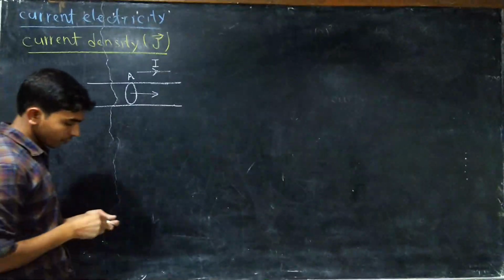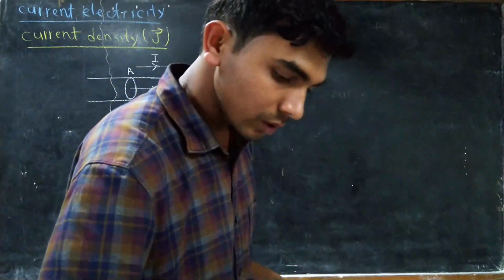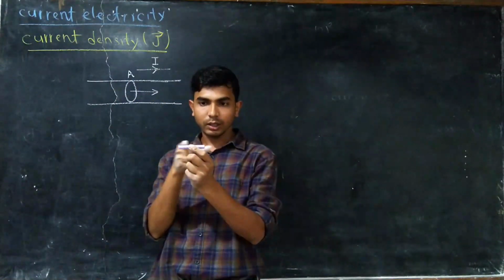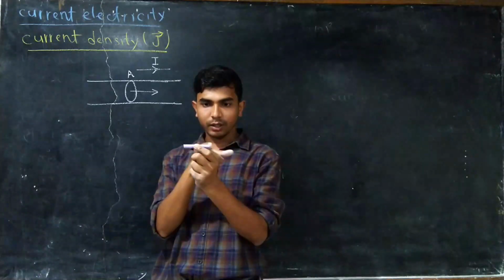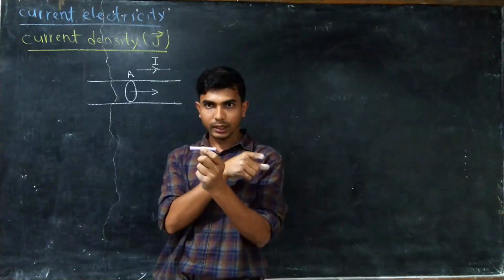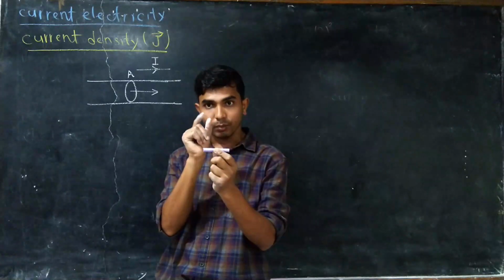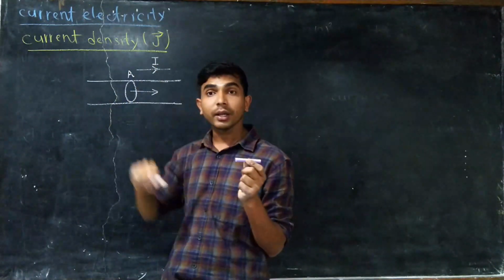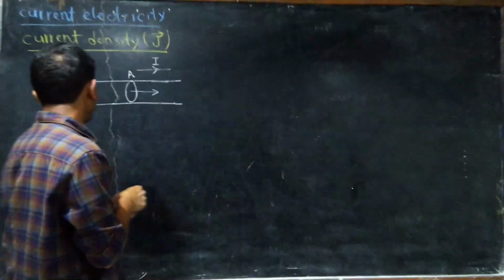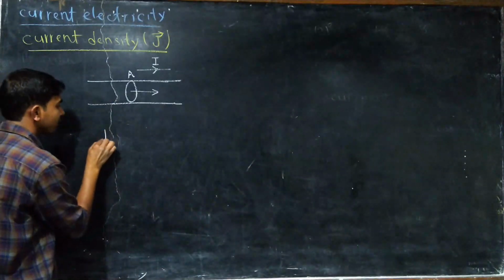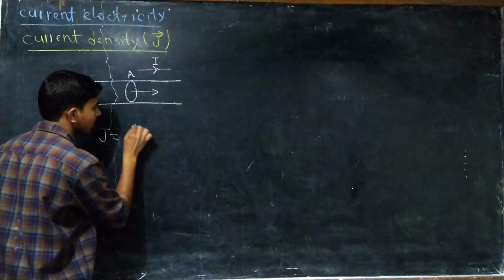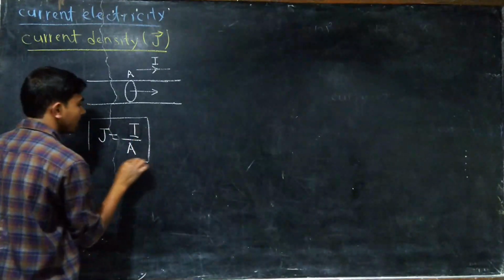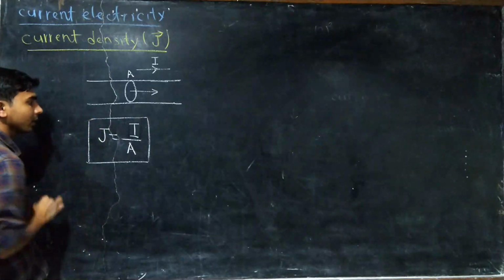Suppose this is your wire, and current is passing in the wire like this. If the current passing perpendicularly is I and the area is A, then current density J will be I by A.